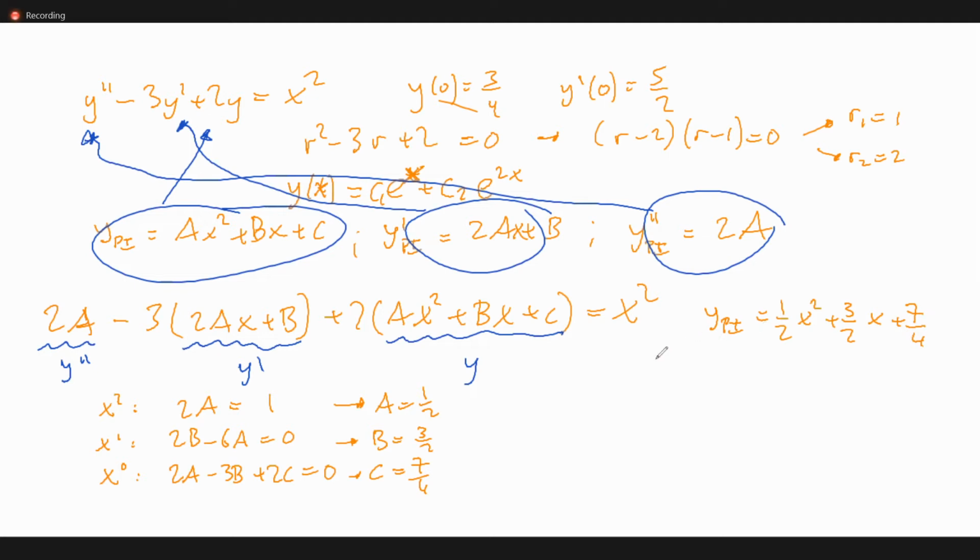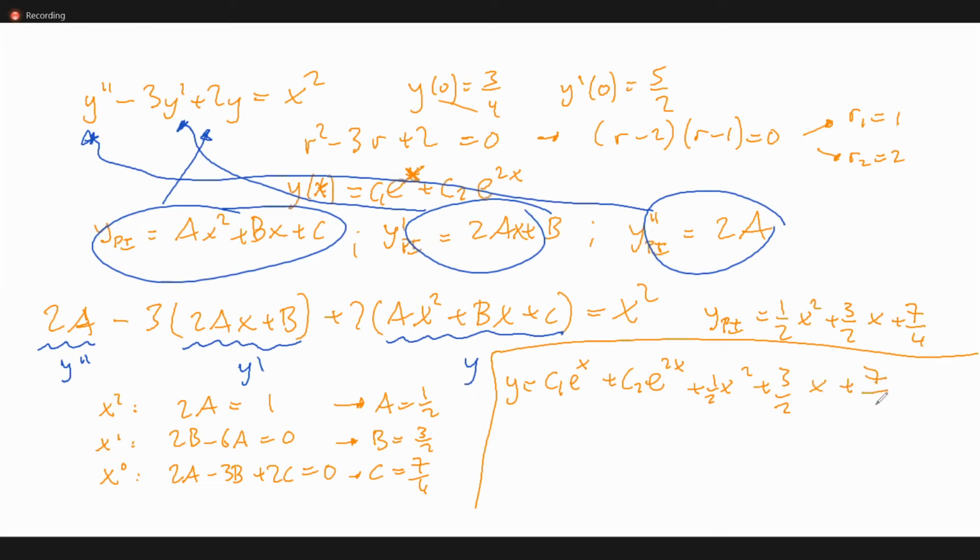So our general solution now becomes y is equal to c1 e to the x plus c2 e to the 2x plus 1/2 x squared plus 3 over 2x plus 7 over 4.